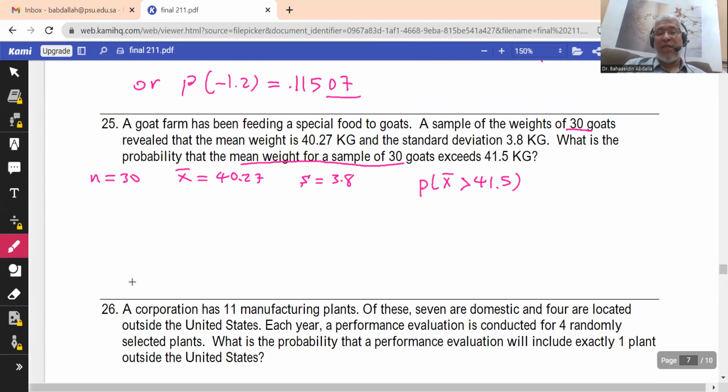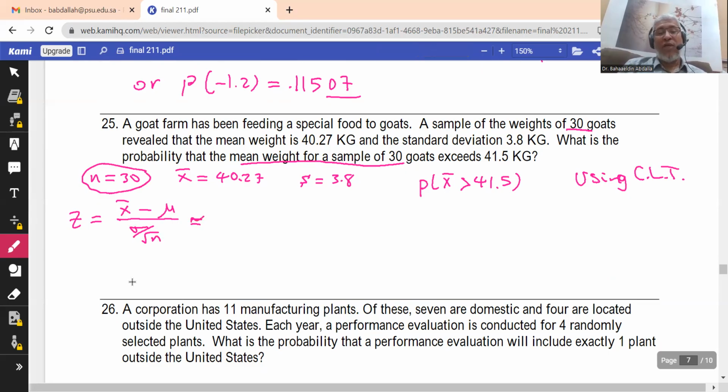He did not say that the population is normal, but N is 30. And when N is greater than or equal to 30, using the central limit theorem, we can change X bar to Z. Z is X bar minus mu over sigma over square root of n.